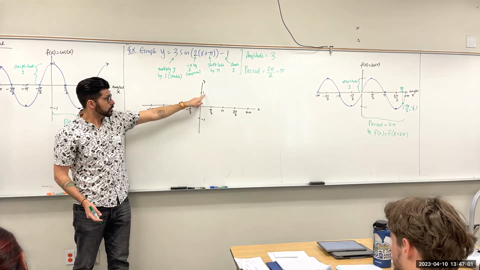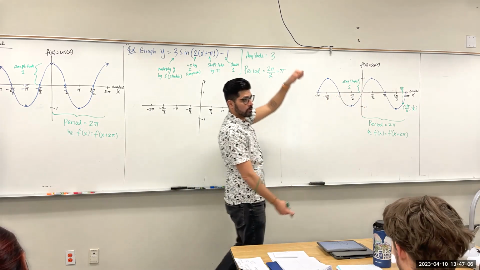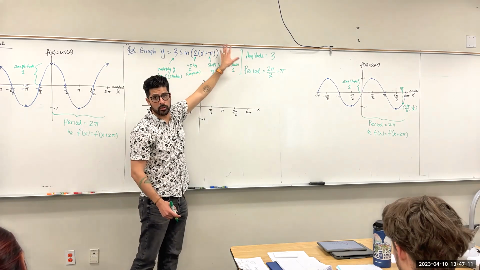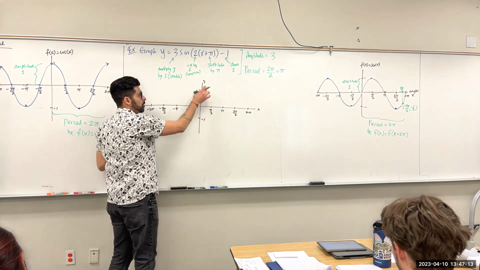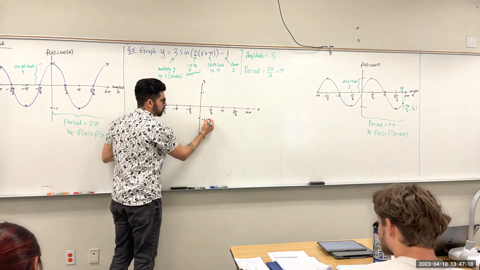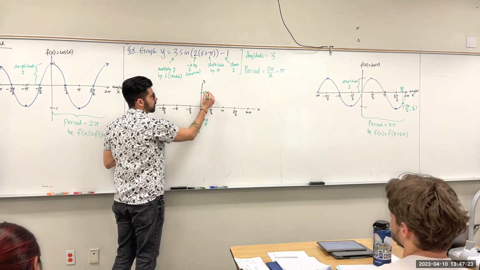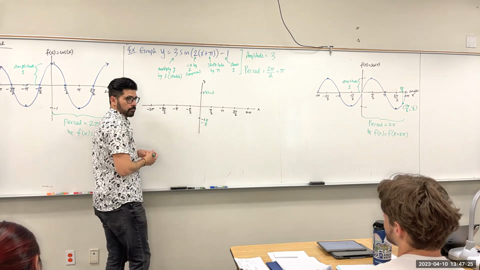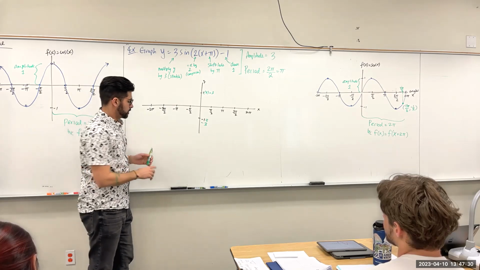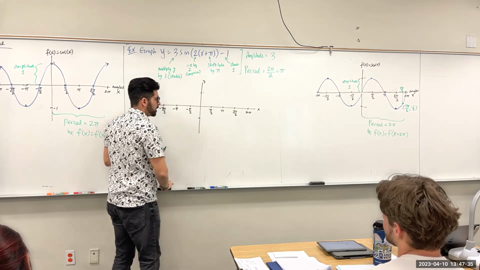So that means your amplitude, instead of going from -1 to 1, is now going to go from -3 to 3, before we do all the shifting. So I'm going to multiply the y-axis by 3, everything gets tripled. Then this becomes a -3, and I multiply this by 3, so that this becomes a 3. Is that cool?